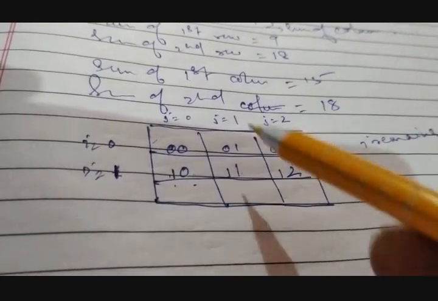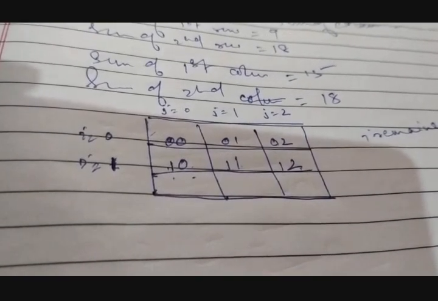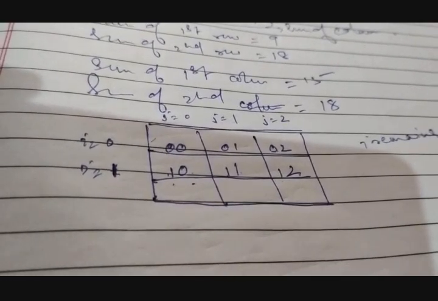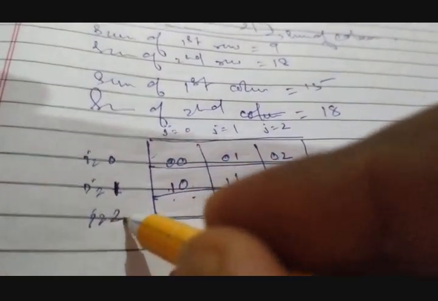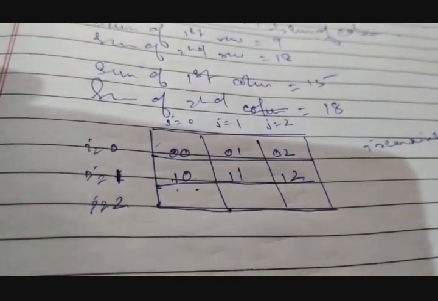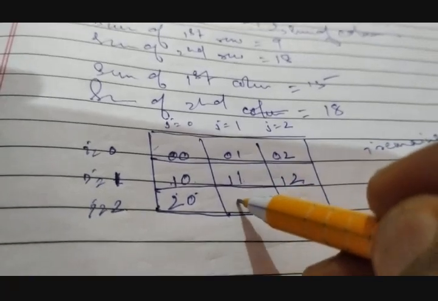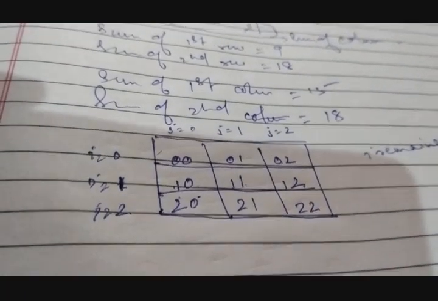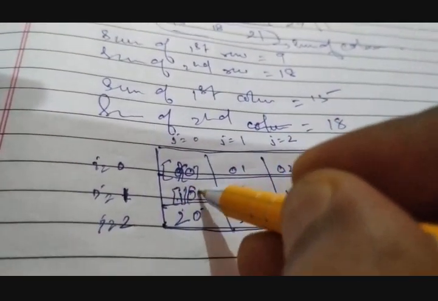So here the column is varying, but the row is not varying at all. Is it? Then the i value changes to 2. Same case: 2,0, 2,1, 2,2. These are the index values. This is how it works.